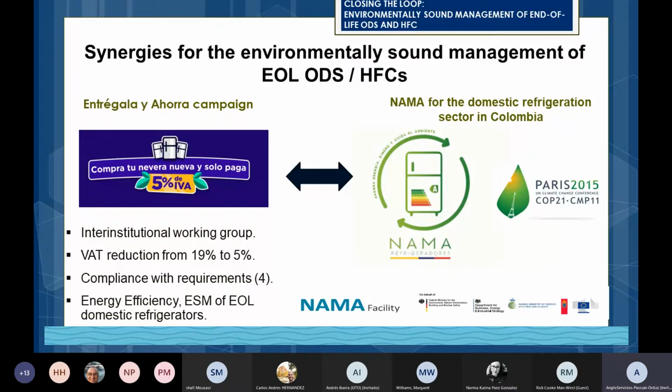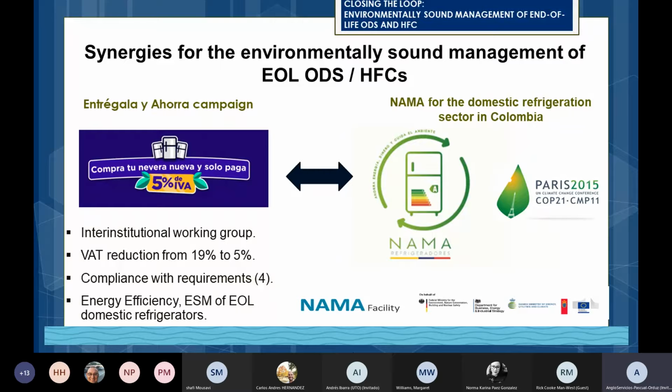Then we can start thinking that we must bring different initiatives together. We must also think of synergies for the environmentally sound management of end-of-life ODS and HFCs. This is why we have been working hand in hand with the different stakeholders. And right now we have two projects that are being implemented, and the idea is to support the replacement of equipment and the environmentally sound management of the equipment and substances.